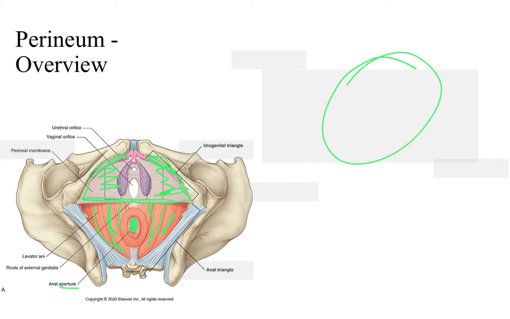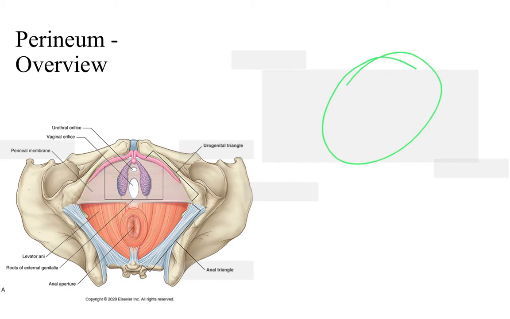Aperture means hole, of course. And the external anal sphincter right here, which is that voluntary sphincter that allows us to hold the contents of the rectum inside until we're ready to defecate.